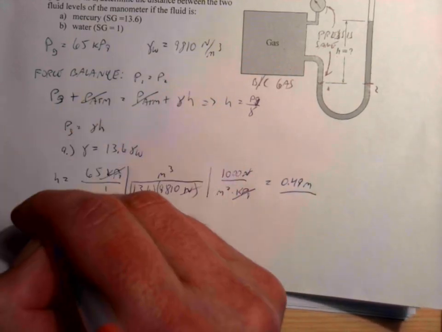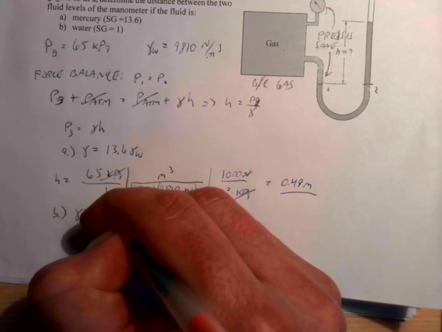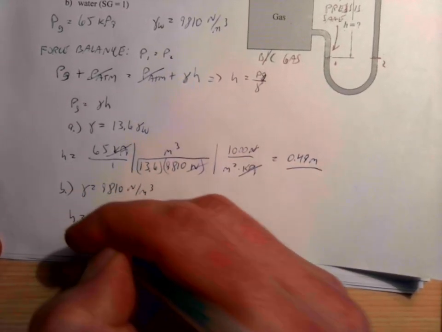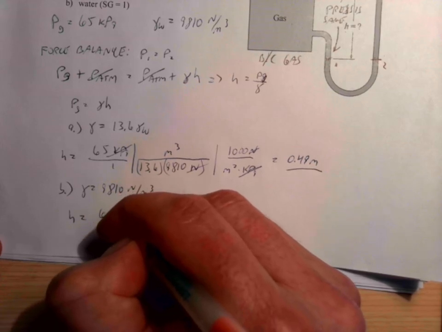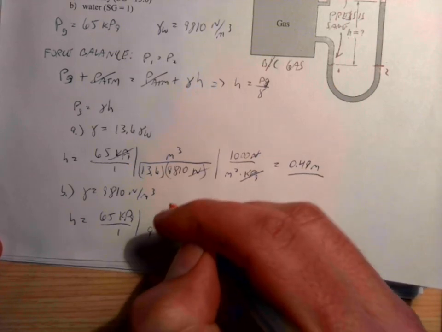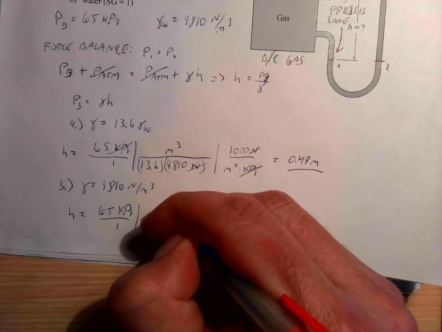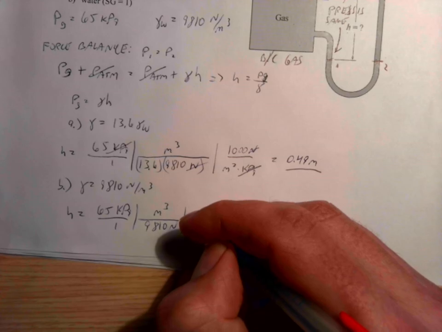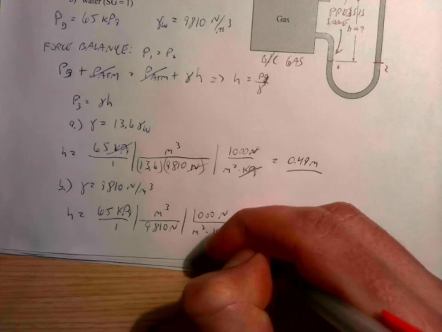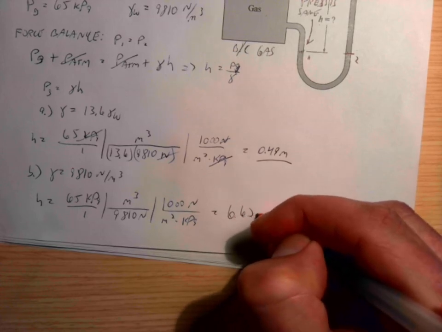So this is for part A, and then for part B we have gamma is equal to 9810 newtons per cubic meter, and it's the same calculation. So H is equal to 65 kilopascals, divided by, instead of 13.6 there, just the 9810 newtons per cubic meter, and then times 1,000 newtons per square meter per kilopascal, and we know that the units work out, and that gives us 6.62 meters.